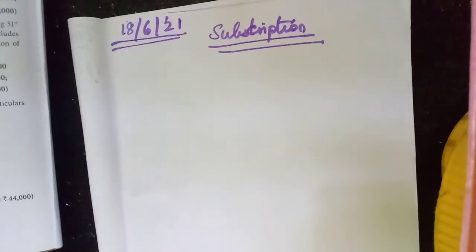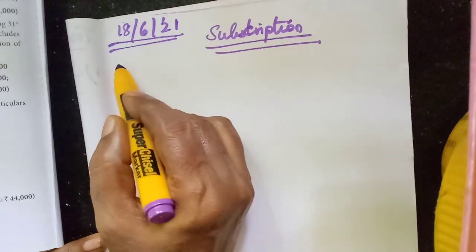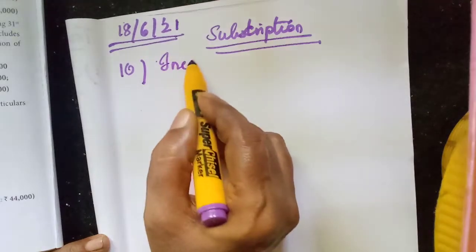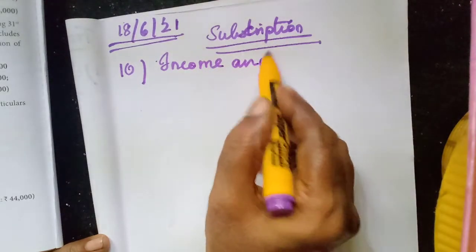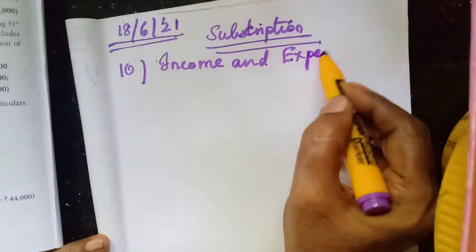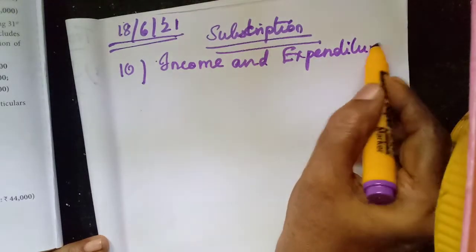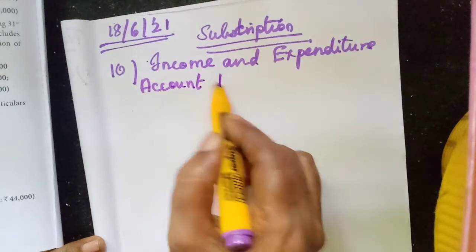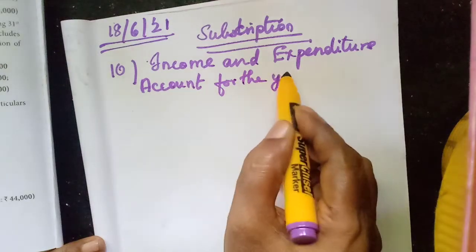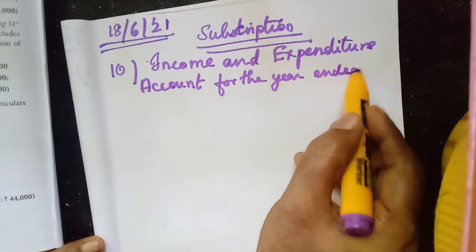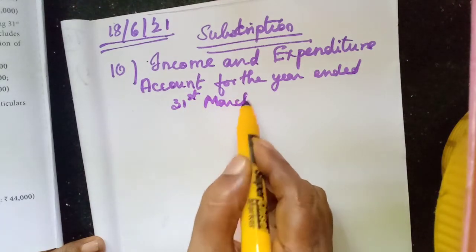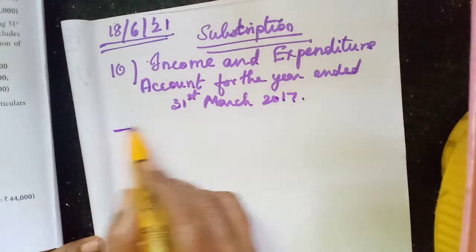So let us do this. I will use one page only. So number 10, final account. So first one, income and expenditure account for the year ended 31st March 2017.